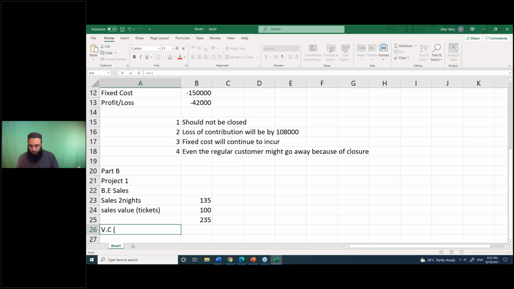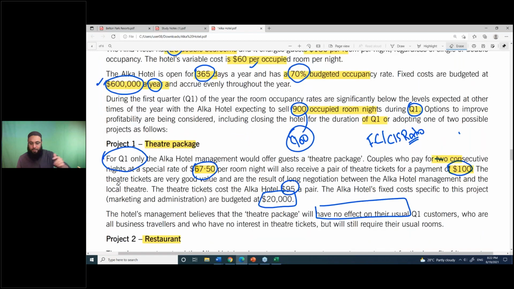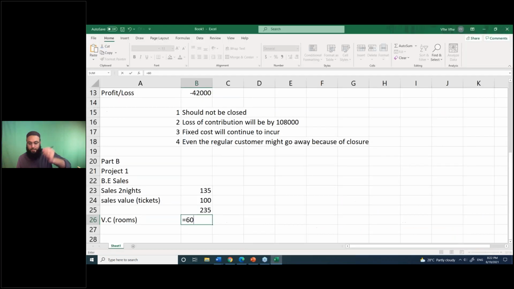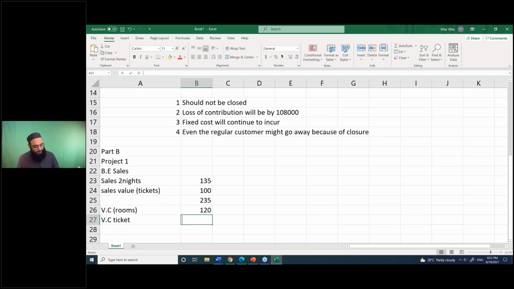Now, variable costs for rooms will be how much? It's simple. It's a 2 night stay, and each day the variable cost is 60, as we have already seen earlier, so it's 60 into 2. Then you have the variable cost of tickets that ALCA needs to bear, and that's the special price of 95.